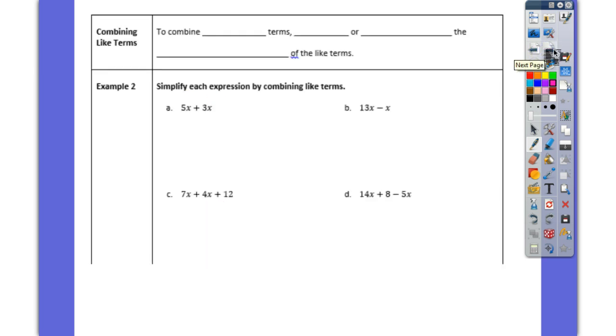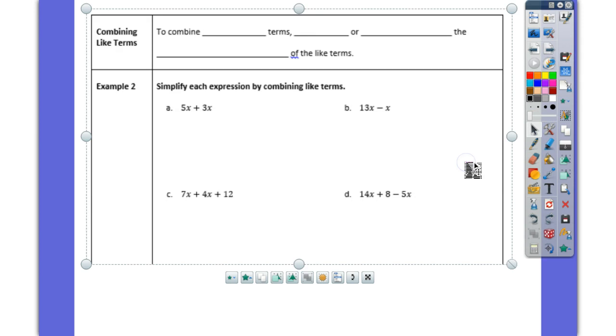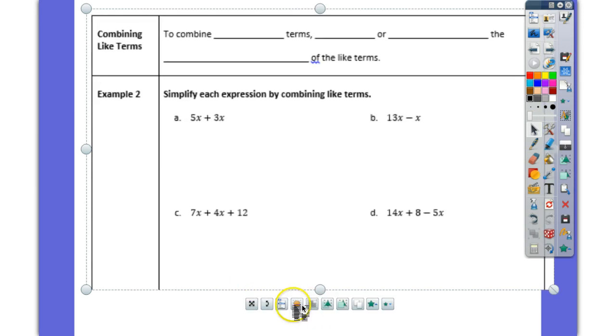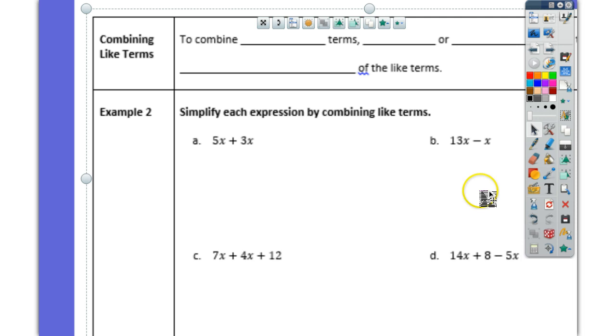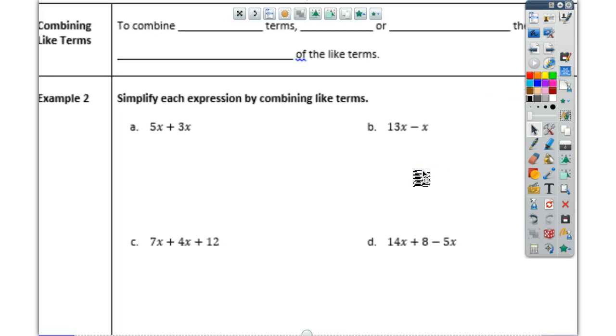Combining like terms. Simplify. Now we just practiced a little bit, I showed you when we were breaking them down and labeling them.